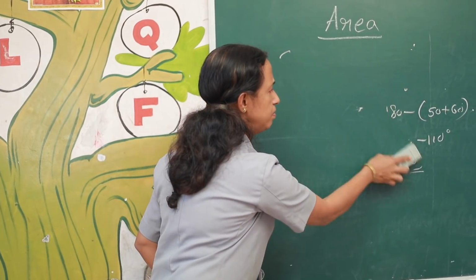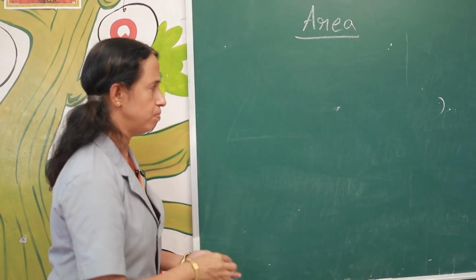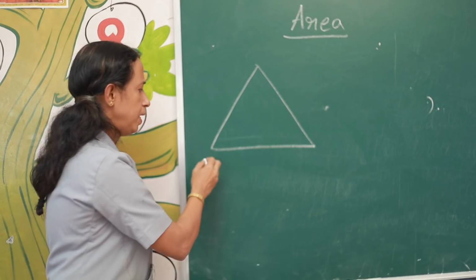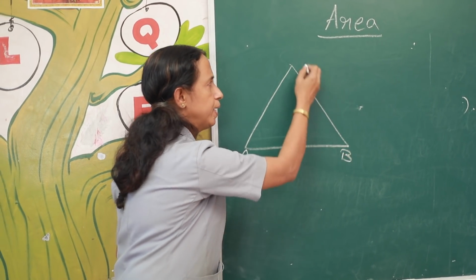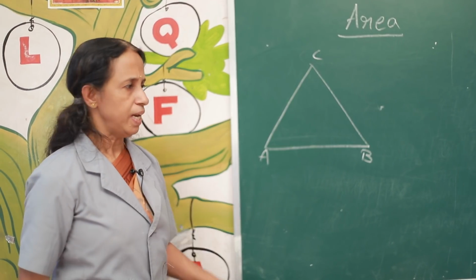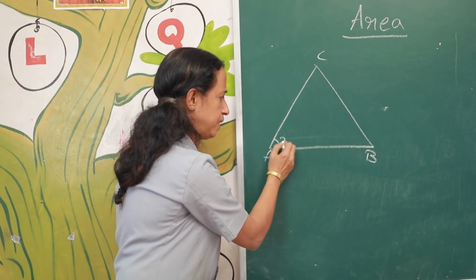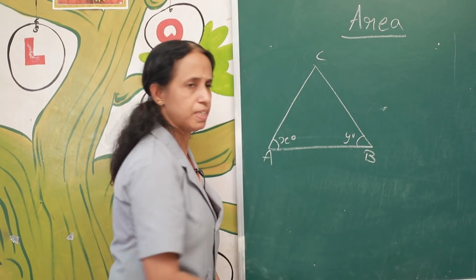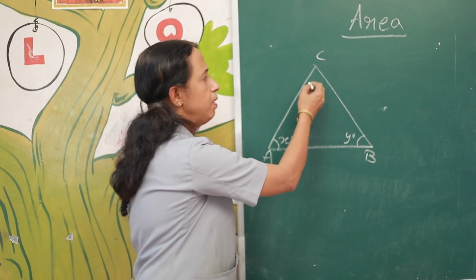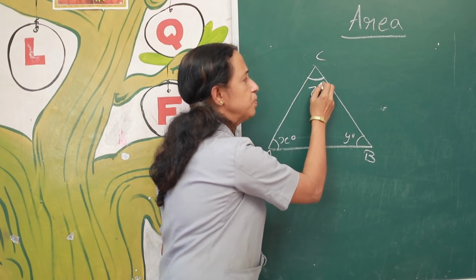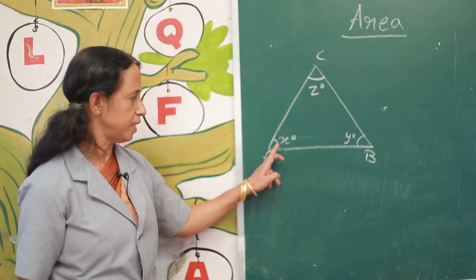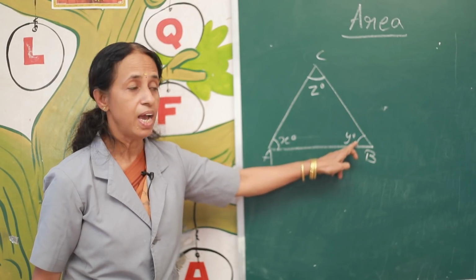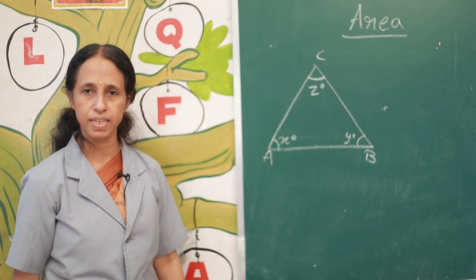First draw a triangle ABC. Angle at A is equal to x degree, angle at B is equal to y degree, and angle at C is equal to z degree.